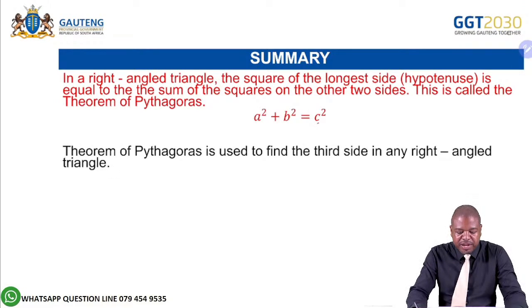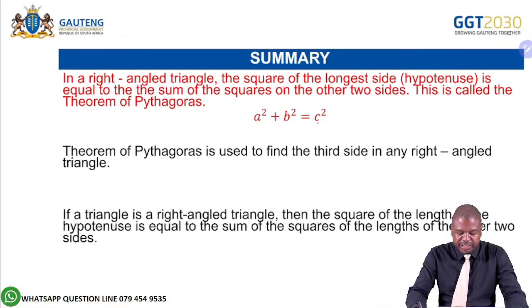And the theorem of Pythagoras is used to find the third side in any right angle triangle, right? And if a triangle is a right angle triangle, then the square of the length of the hypotenuse is equal to the sum of the squares of the length of the other two sides.